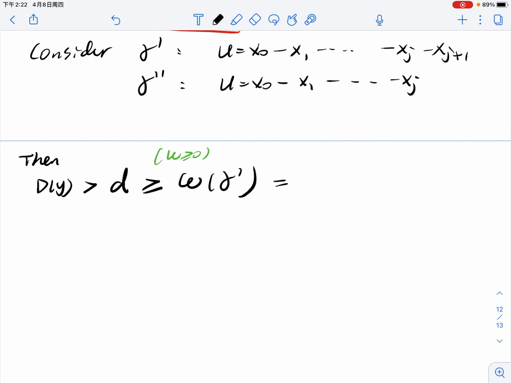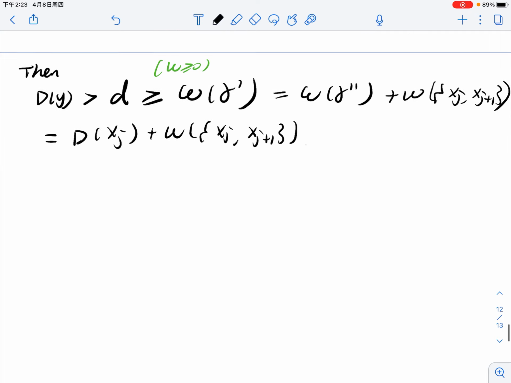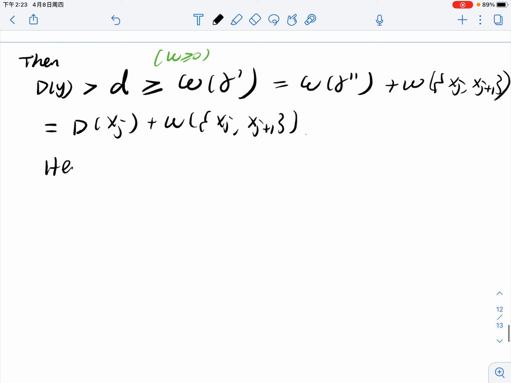Then omega(gamma prime) is omega(gamma double prime) plus omega_{x_j x_{j+1}}, and this is d_{x_j} plus omega_{x_j x_{j+1}}.